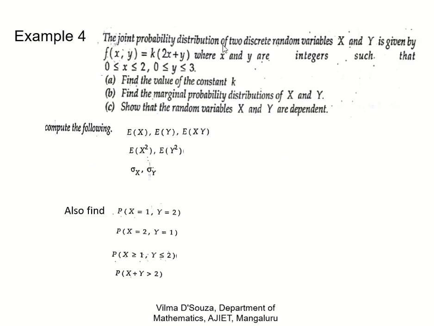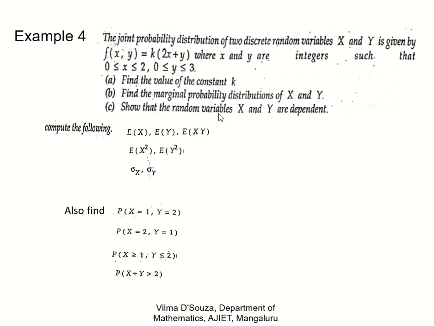The joint probability distribution of two discrete random variables x and y is given by f of x comma y equal to k into 2x plus y, where x and y are integers such that 0 less than or equal to x less than or equal to 2, 0 less than or equal to y less than or equal to 3. Find the value of the constant k. Find the marginal probability distributions of x and y.